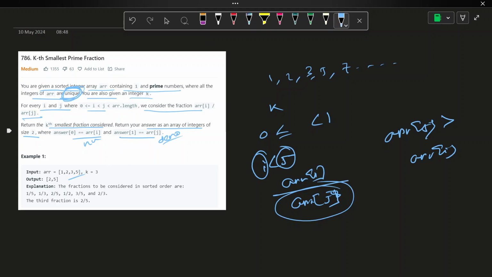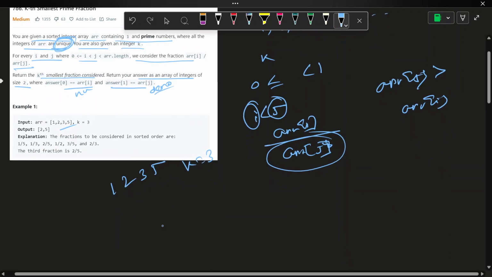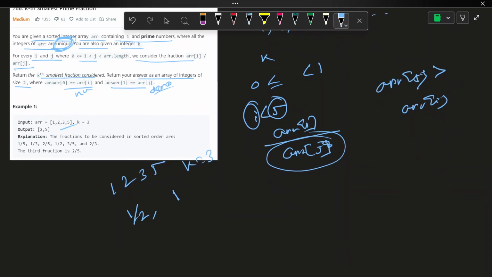Now, for this example, let's see how it is going. So 1, 2, 3, 5, and k is equal to 3. What are the fractions possible? 1 by 2, 1 by 3, 1 by 5, 2 by 3, 2 by 5, 3 by 5. Got it, right? So here I have to get the third smallest fraction.